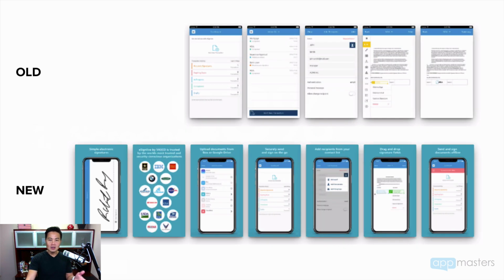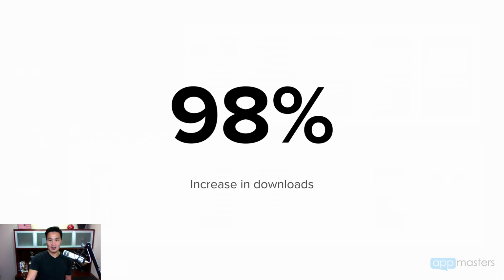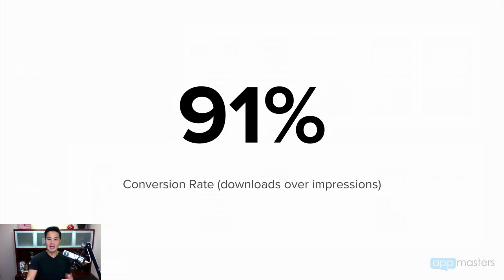Now impressions were flat, which is good because we didn't change the keywords. So impressions stayed pretty flat. I was like, yes, that's what I wanted. And then we got double the downloads just by changing those screenshots, right? And then we got a 91%. So if you want to look at the overall, a 91% increase in the conversion rate.